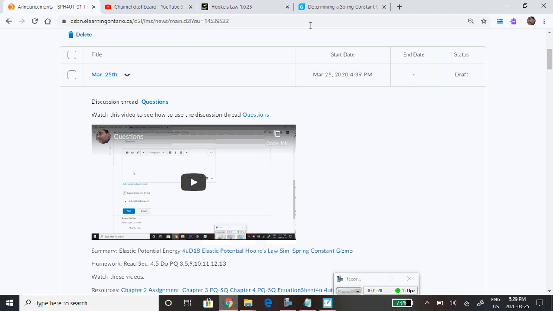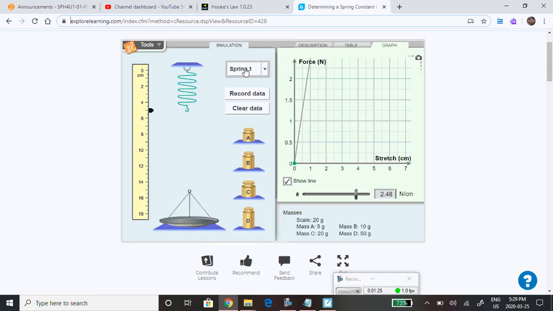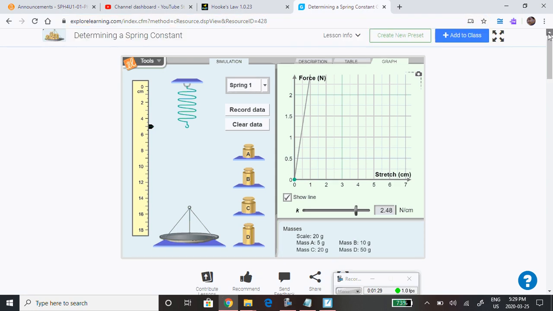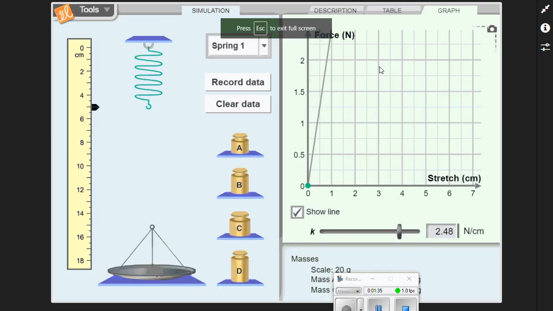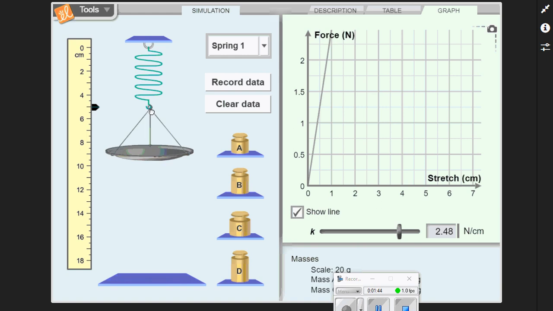Now there is a gizmo, and the gizmo is all about finding the spring constant of a particular spring. Here's the situation with this. What we have here is a little tray, and we're going to put it on the spring.